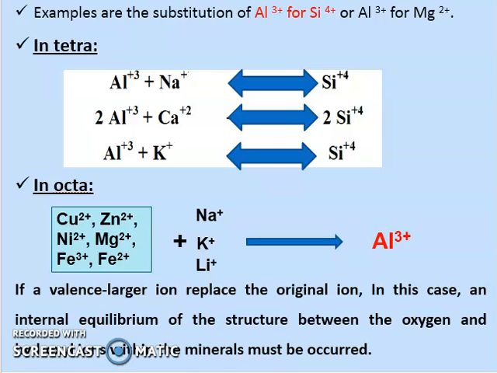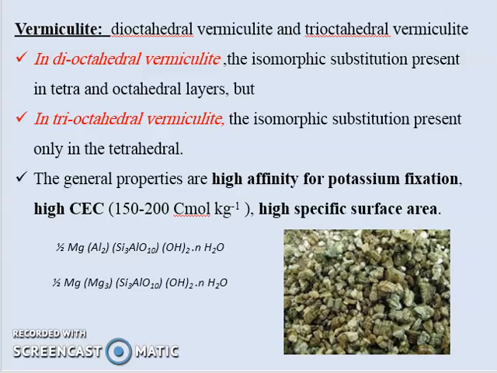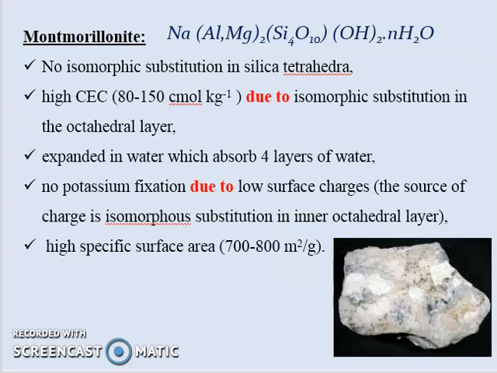This is for isomorphous substitution. The first example is isomorphous substitution in octahedra. You will find here a mineral called montmorillonite. Here the pyrophyllite unit is Al2Si4O10(OH)2.